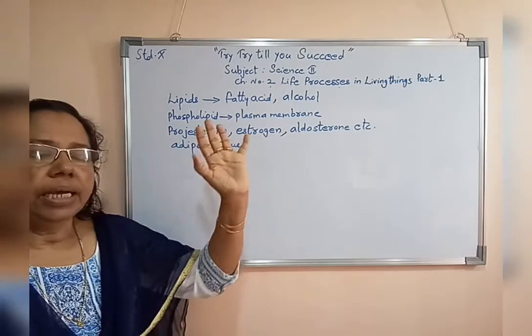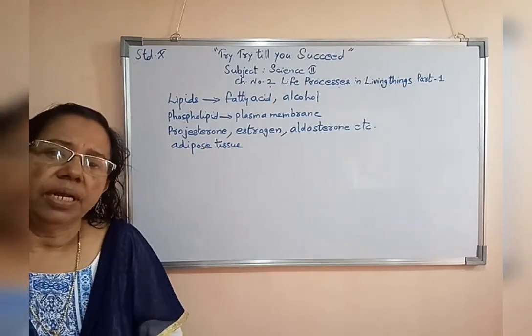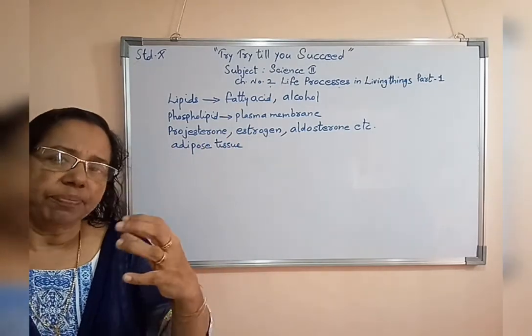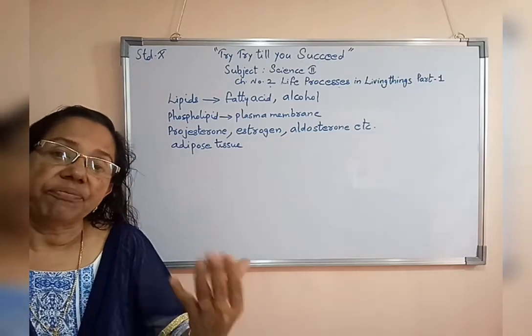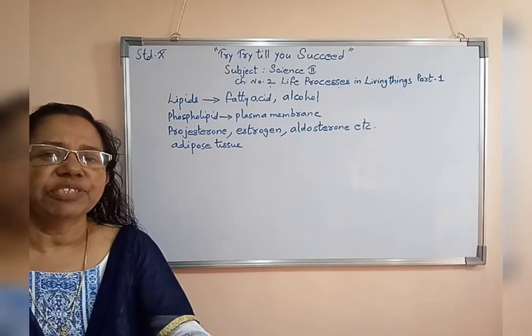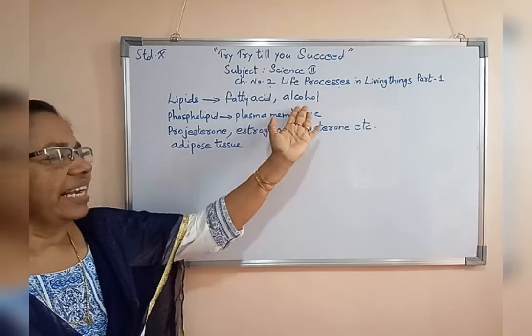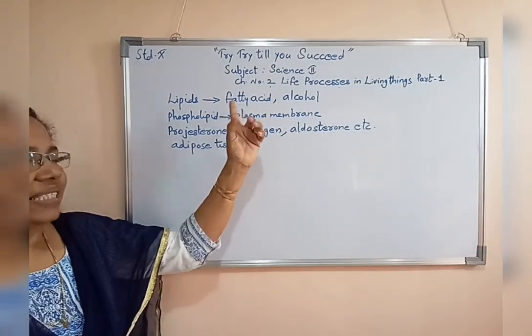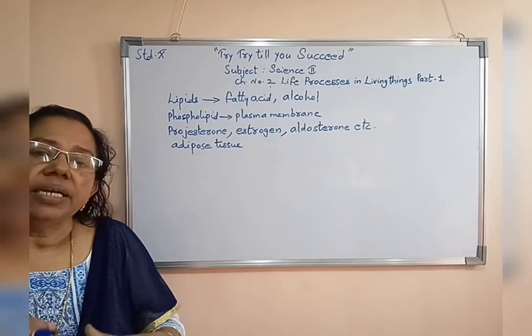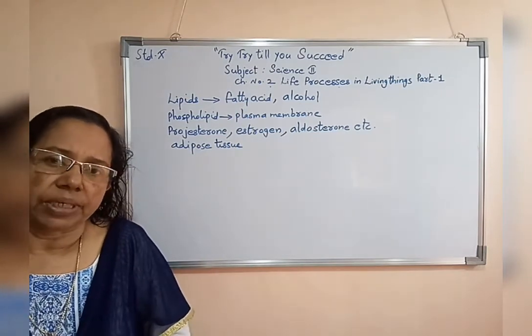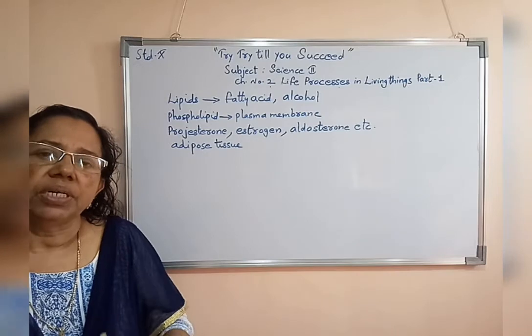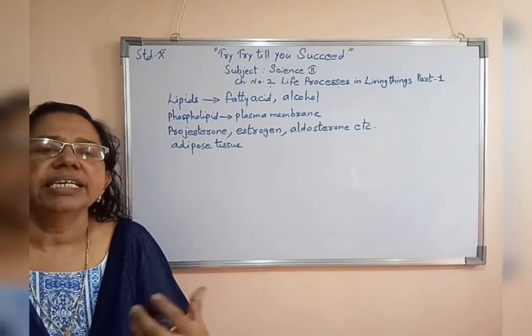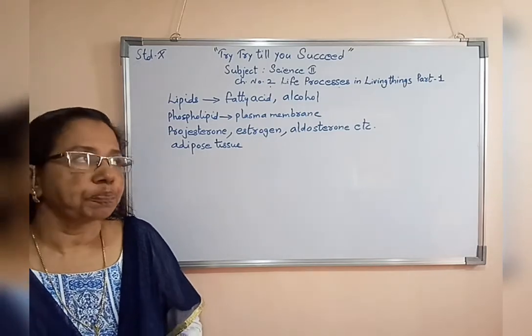So now, when we consume lipid food materials, they get digested. After digestion, lipid transforms to fatty acid as well as alcohol. These fatty acids are absorbed by each and every part of our body and converted to different substances as per their requirement.